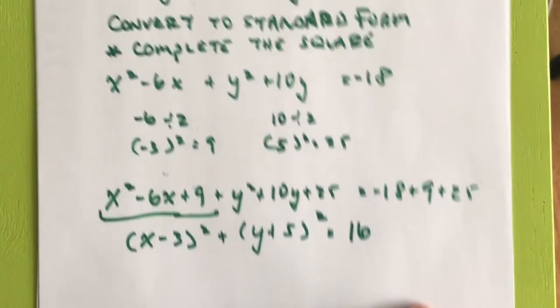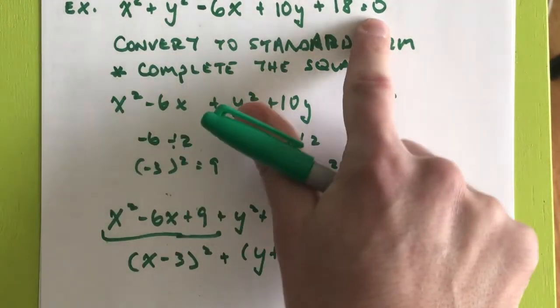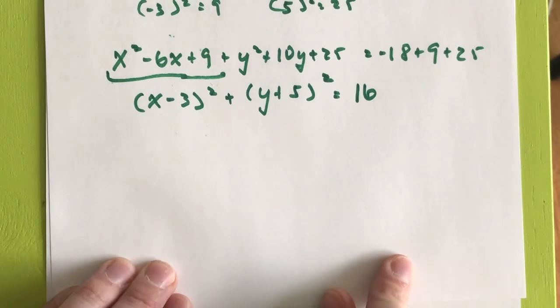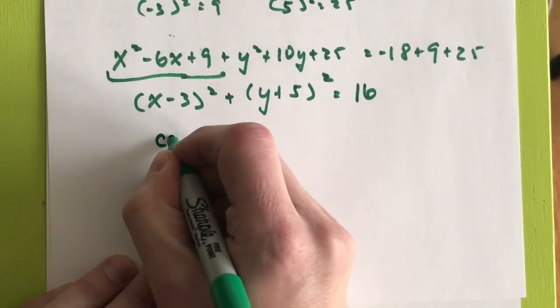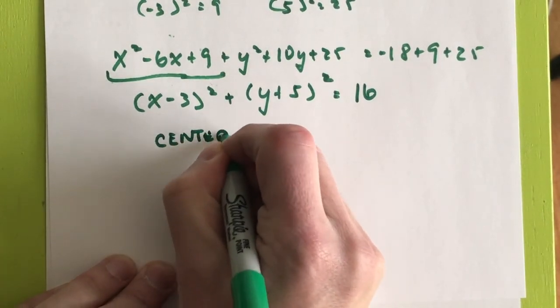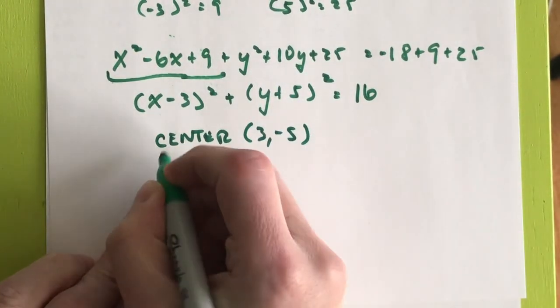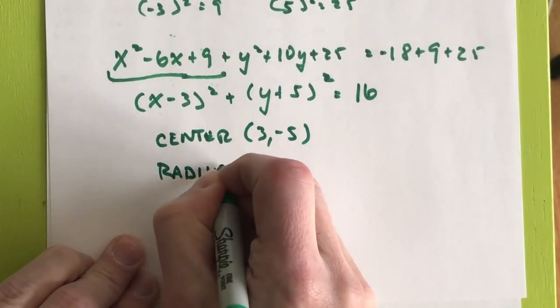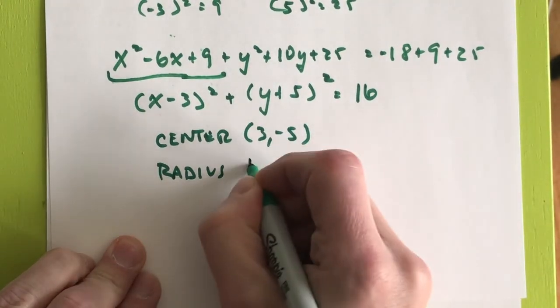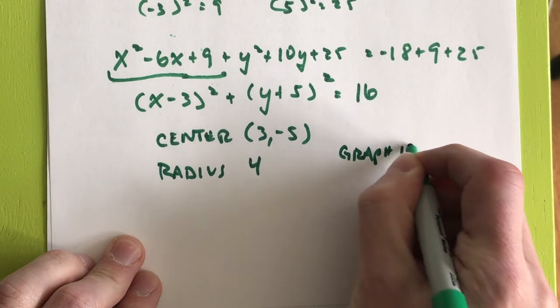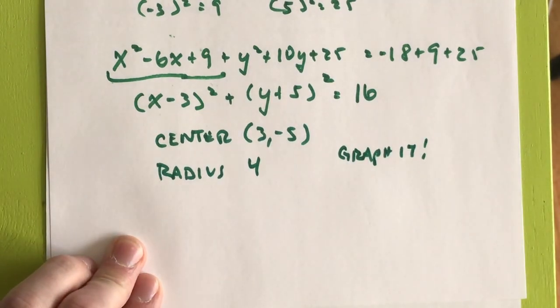We've taken our general equation of a circle, turned it into the standard equation of a circle. That gets us a center, 3, -5, with a radius of 4. Then we can graph it. Try it out.